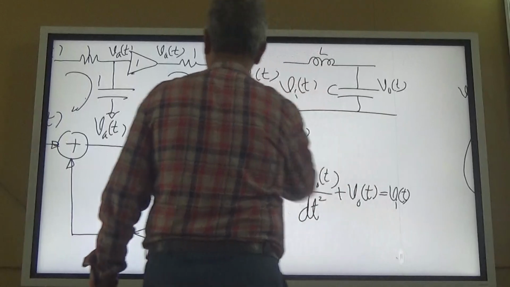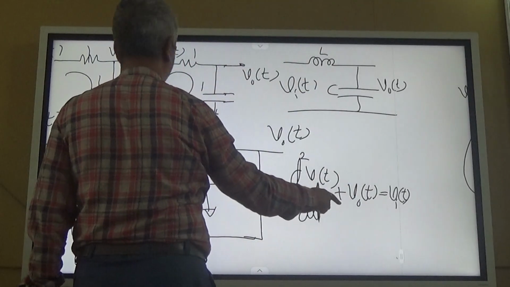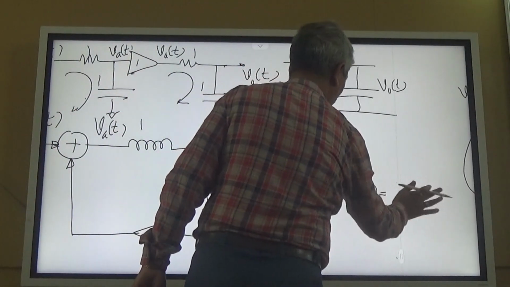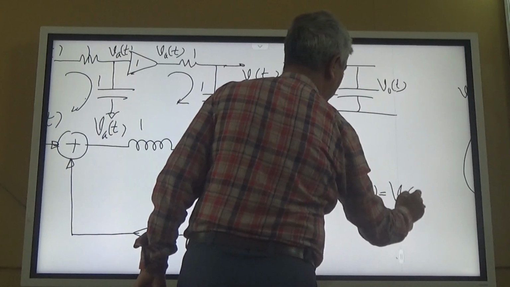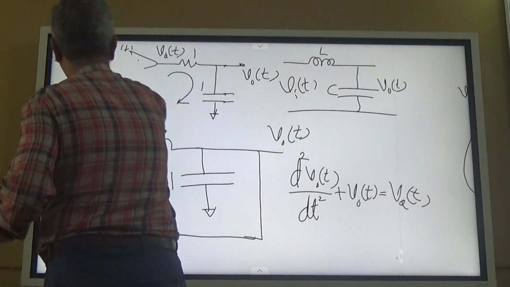In this case, the same will apply. Instead of V_in(t), it would be V_A(t), right?